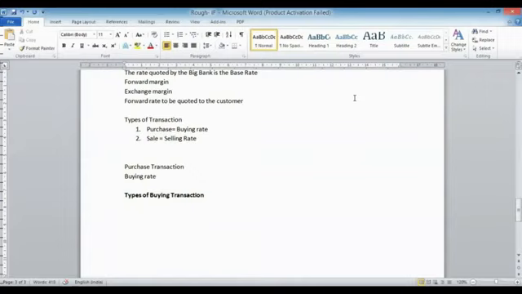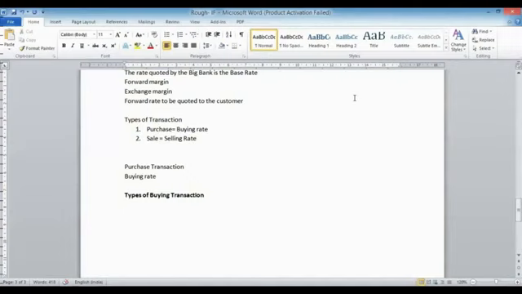So the importer has written a letter of credit which is being held by the exporter. An exporter is holding that LC, letter of credit, in expectation that payment will be received from the importer on the due date of the letter of credit.